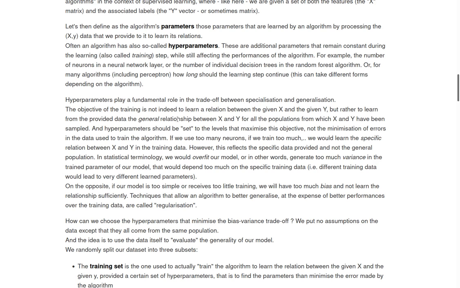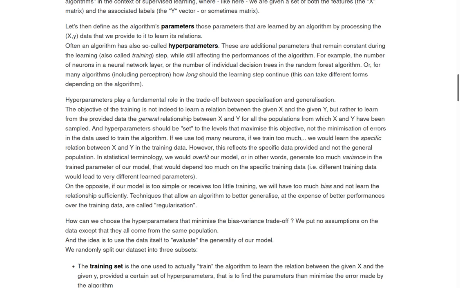So the hyperparameters should be set to the levels that maximize this second objective, not the minimization of the errors on the data that we provide to train the algorithm.